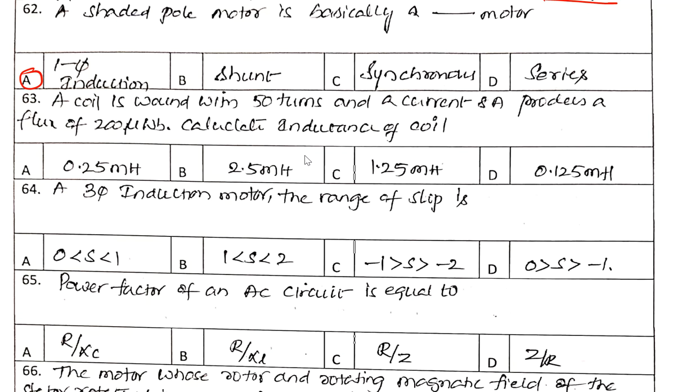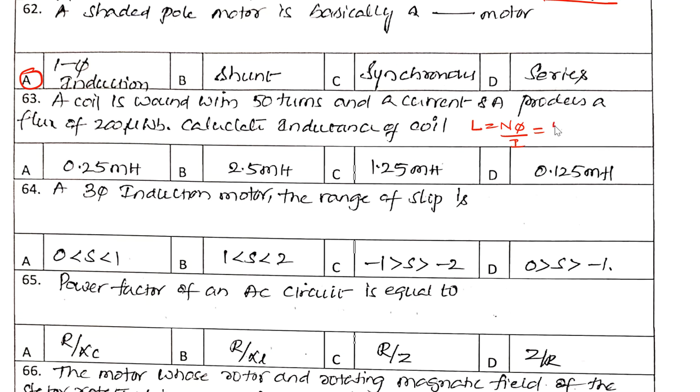Okay. So in the given question they mentioned the current, the turns and the flux. But finally what we need to find? We need to find the inductance. The formula here is L is equal to N into phi, flux linkages, divided by current.